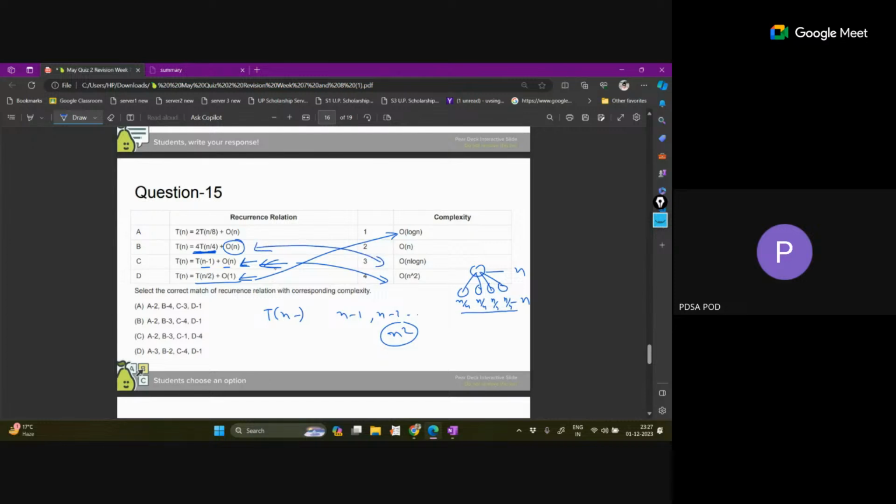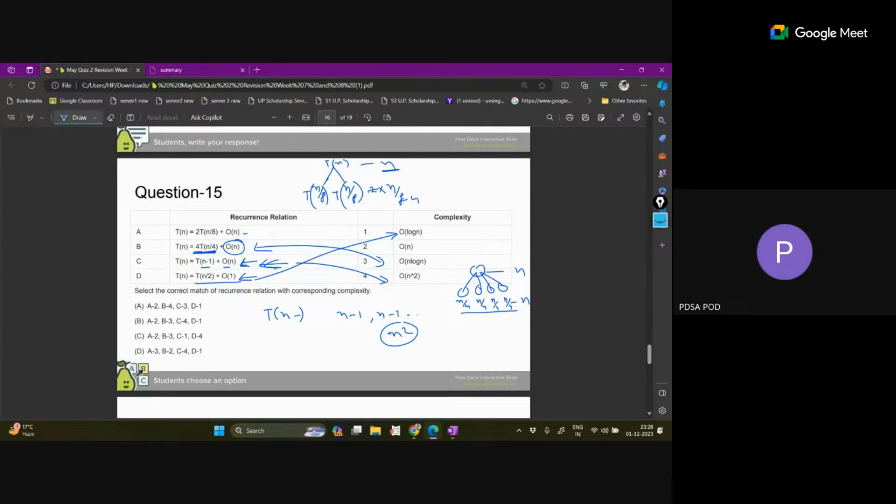Okay, in the above case, this is 2 children, so T(n), and every time we have n by 8, n by 8. T(n by 8), T(n by 8). So here this is n. Now if you add n by 8 plus n by 8, 2 into n by 8, this will become n by 4. So you can see that here this is n, next step n by 4. So this is decreasing.